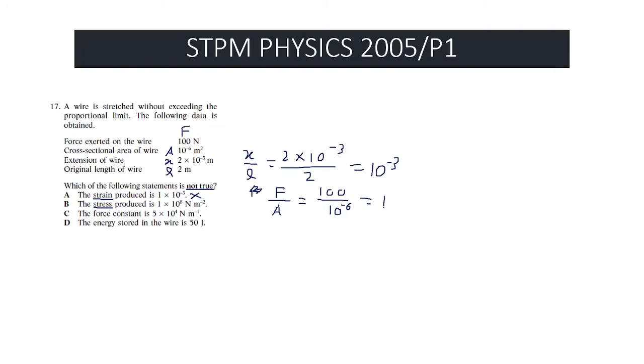So we get 10 to the power of 8 Newton per meter square. So this is also not our answer. And the force constant, this one we apply Hooke's law, F equal minus kx, and we substitute the F inside, also the extension.